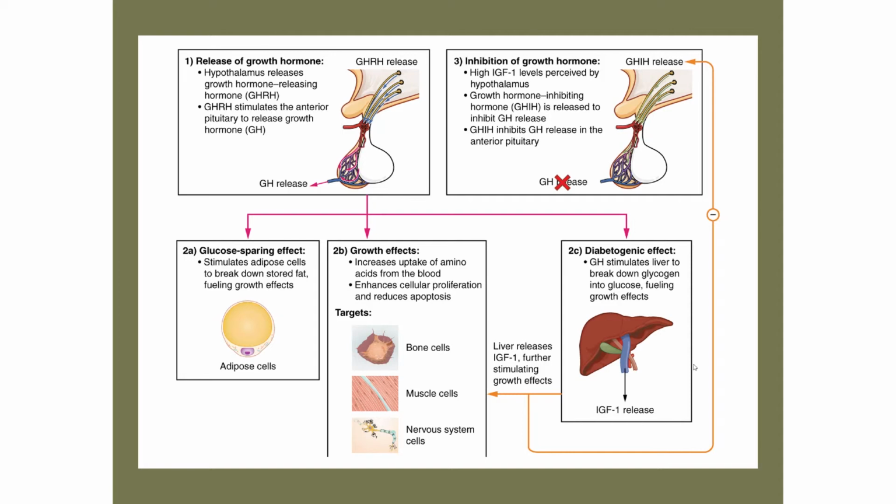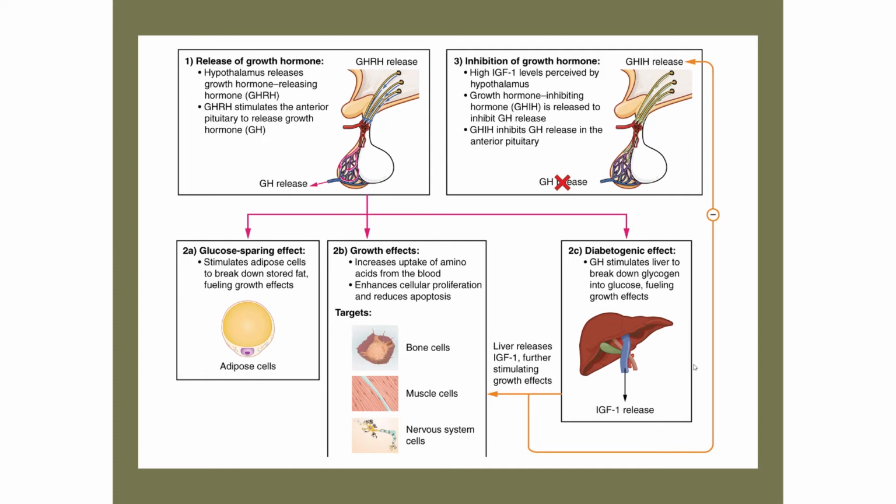So not only does it stimulate growth, it actually tells the hypothalamus that we have lots of growth hormone right now. So the IGF-1 tells the hypothalamus to not only stop releasing growth hormone releasing hormone, but it also reduces the release of growth hormone inhibiting hormone.